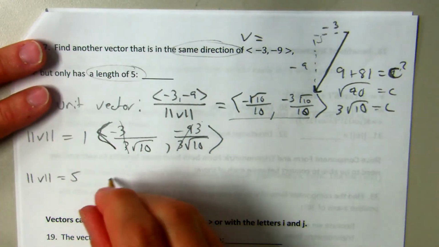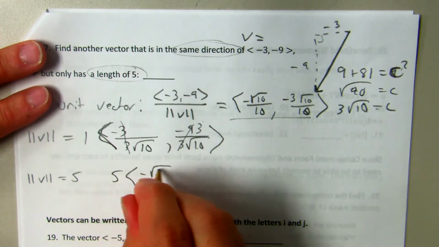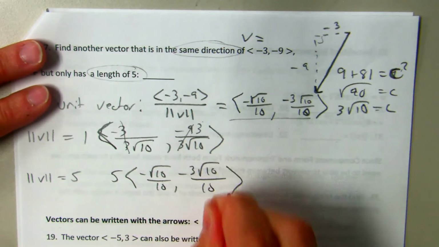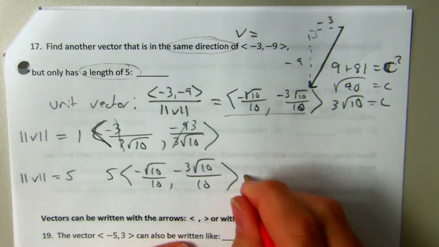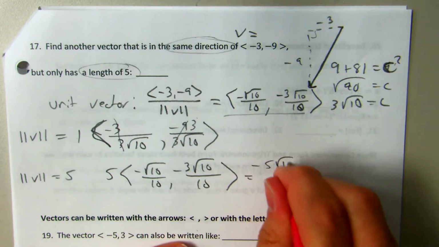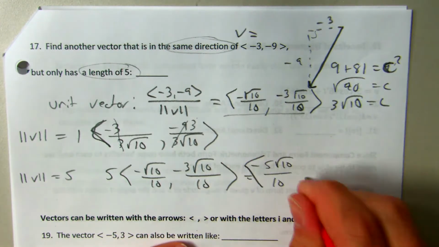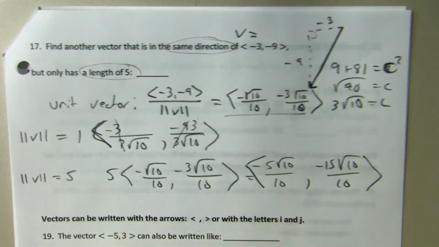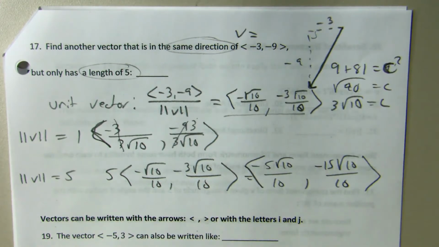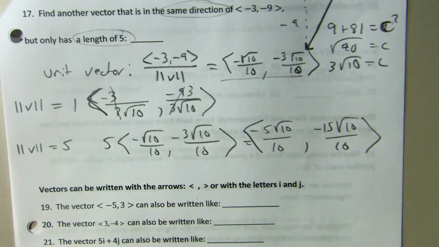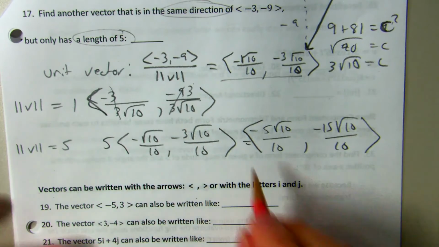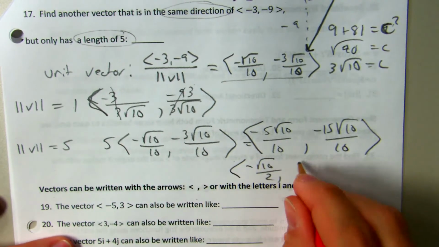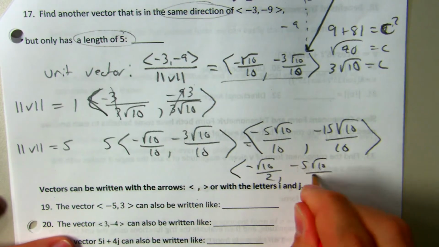I'm just going to take the unit vector and multiply by 5, which means you multiply both parts by 5. Here you're using the arrows on the end, not parentheses. And since this guy reduces, we would expect it to reduce.